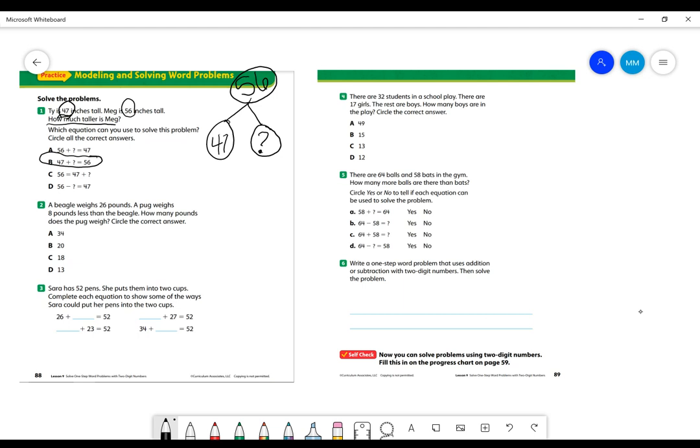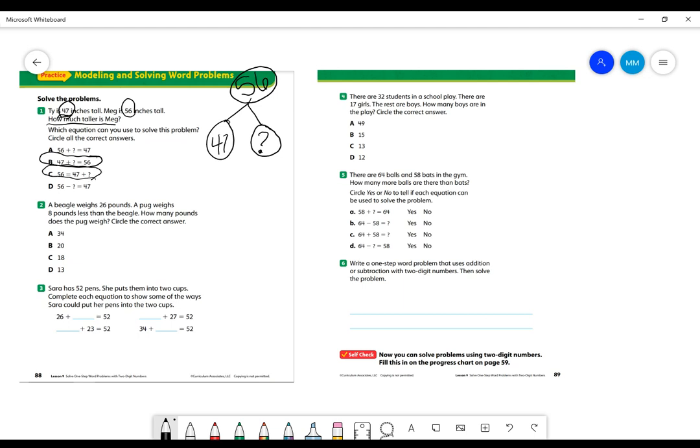So 47 plus a missing part equals 56. Is that an equation that will help us solve our problem? Yes, it is the same one as B, but where is our whole? It's at the beginning. So when we see our whole at the beginning, we can look for our parts. Remember, our parts are between the plus sign.